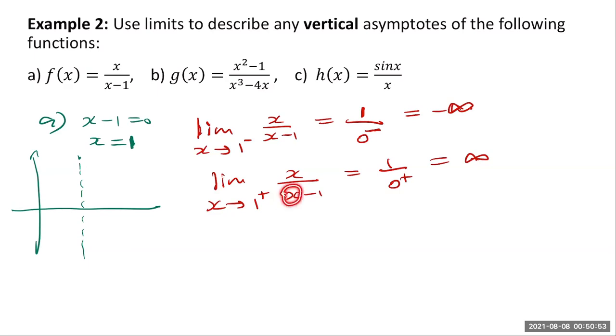So this quantity is positive, but it approaches 0 from the right-hand side. So you have 1 over 0 plus form, that is infinity.